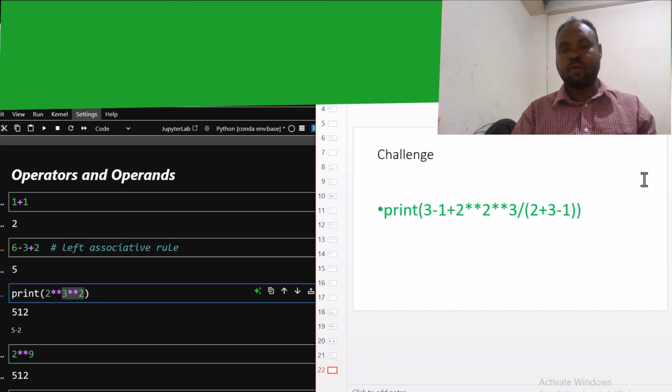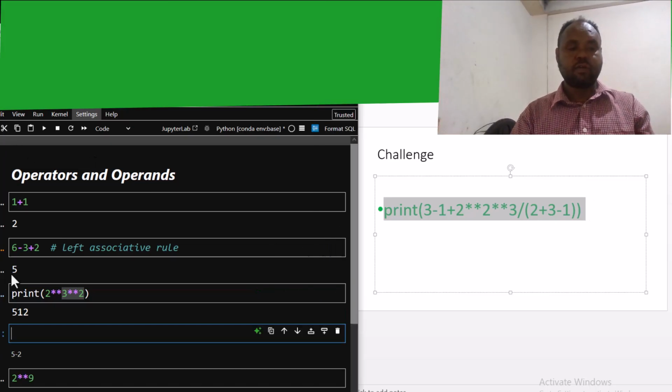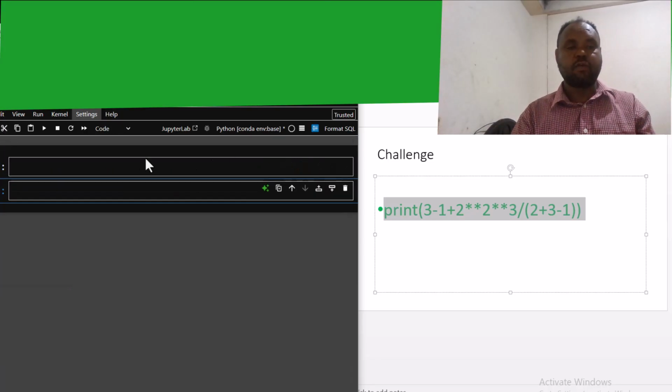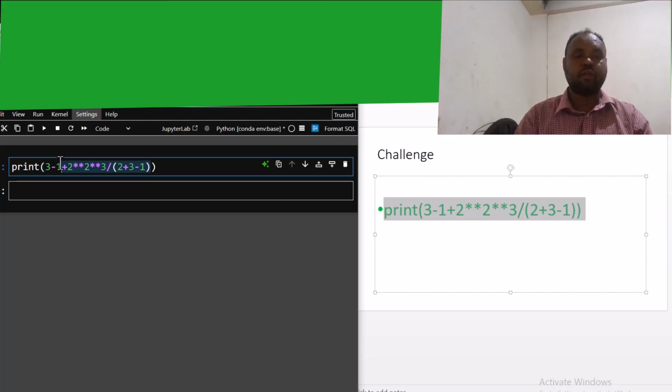Therefore, let us do this one together. What will be the result of this expression? This whole expression consists of a number of operators and operands.